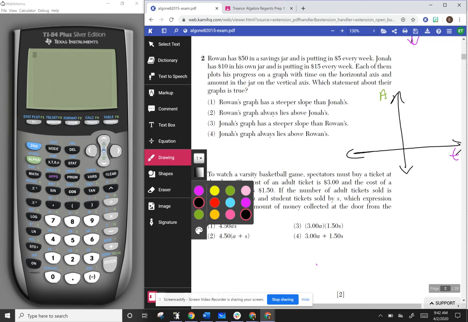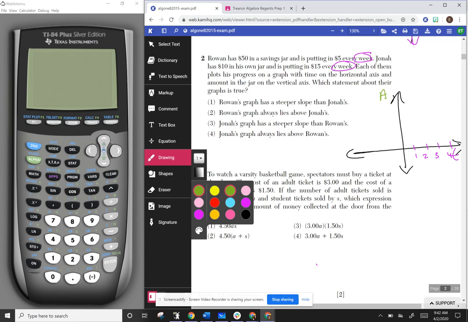Okay, well, so they're doing it by every week. They're both doing every week. So if we plot out, we could have 1 week, 2 weeks, 3 weeks, 4 weeks. And Rowan, well, let's do amounts as well.